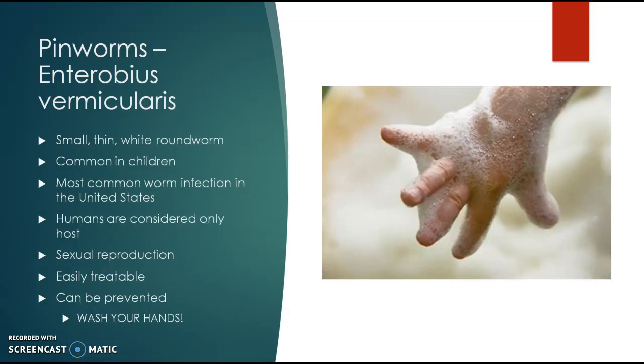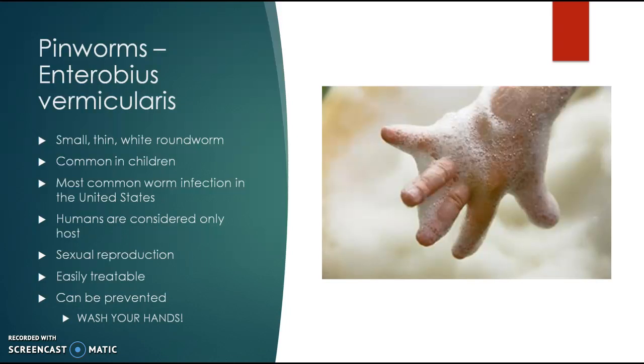So pinworms are also known as Enterobius vermicularis, and these are small, thin, white roundworms, as you saw on the previous slide. They're most common in children, which is anyone under 18, and they're the most common worm infection currently in the United States.